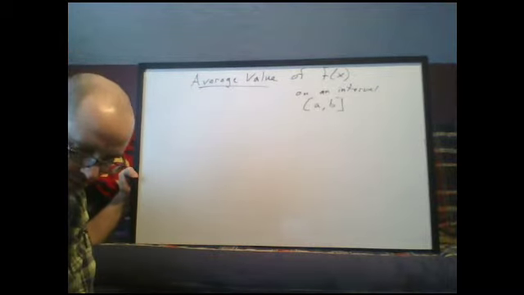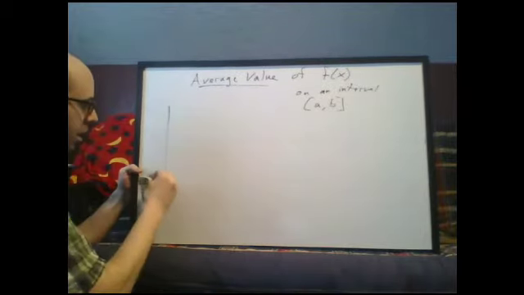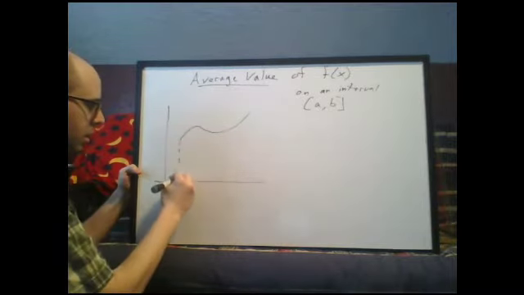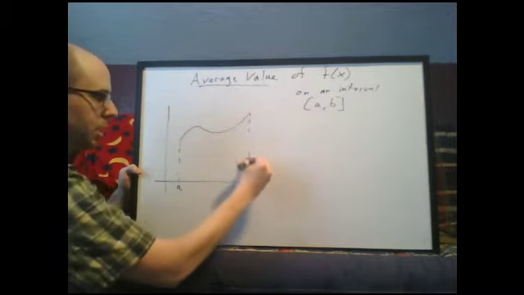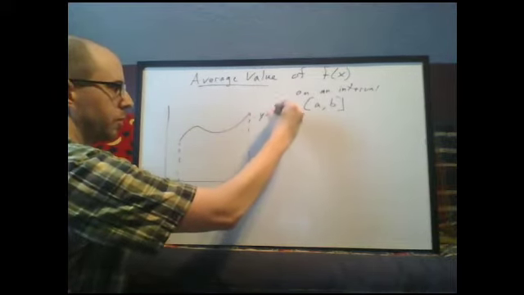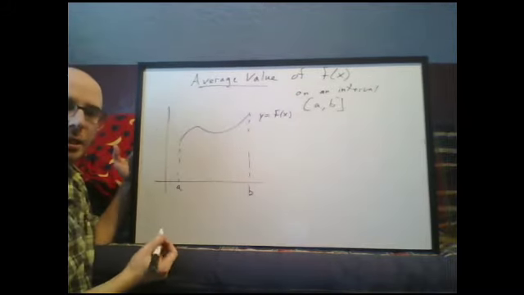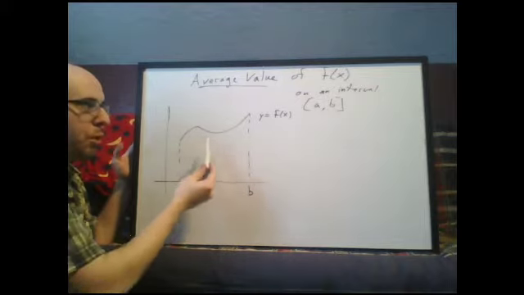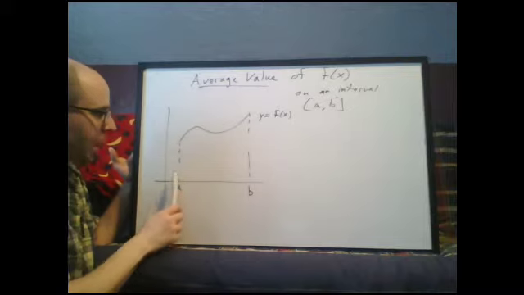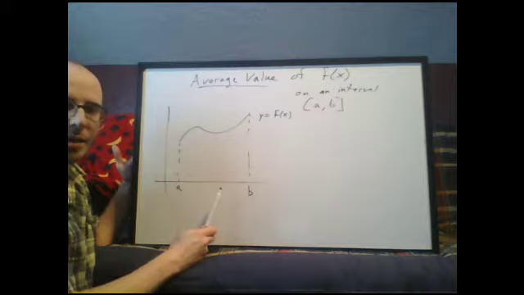All right, so the picture is I've got some function from a to b. This is y equals f of x. And I want to basically figure out the total amount of y values I have. Now that doesn't really make sense because I have a y value for every single x value from a to b, and that's infinitely many.